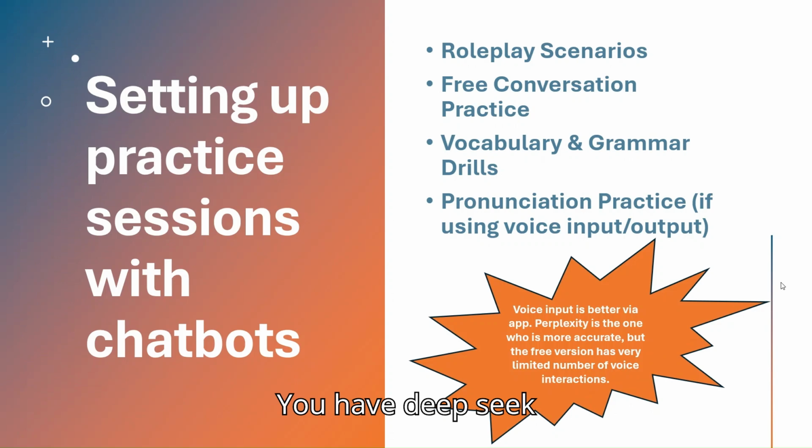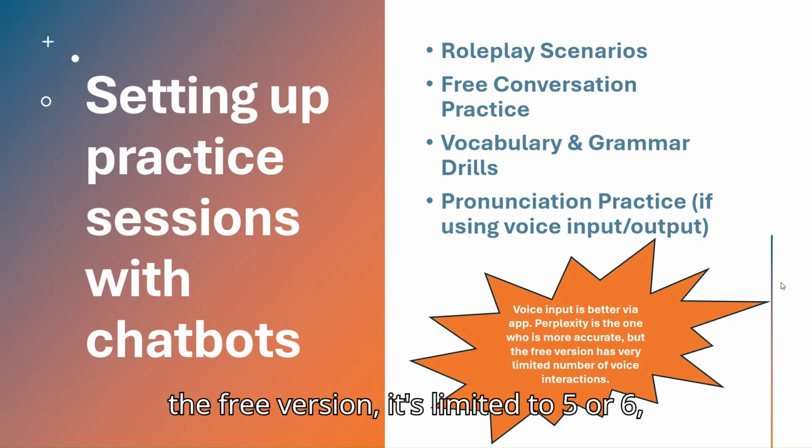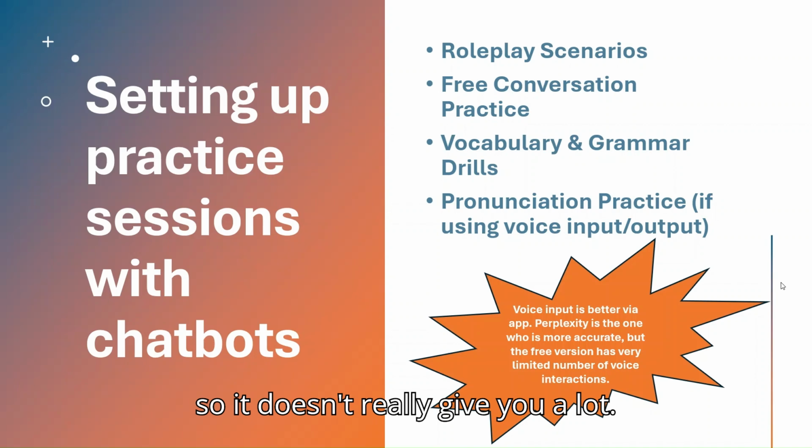Now, DeepSeek is still controversial at the moment, so I wouldn't advise using it yet. Perplexity is a new AI, and to be honest, I found it a little bit more accurate when we use it with the voice input. But the interaction that you can use with the free version is limited to 5 or 6, so it doesn't really give you a lot.